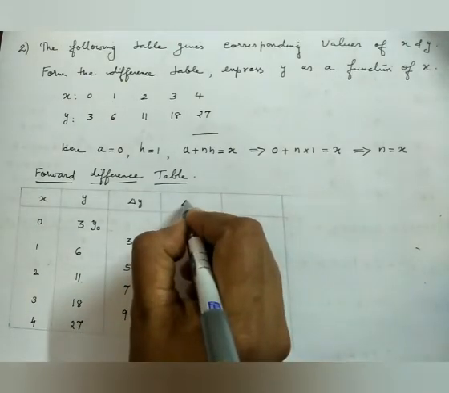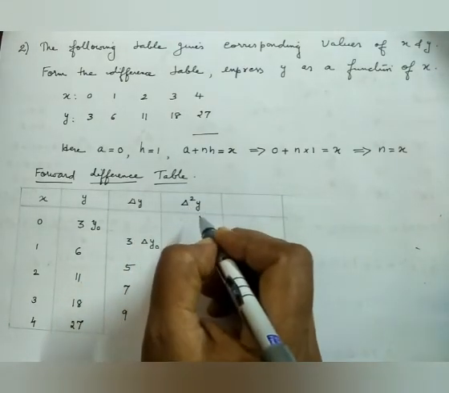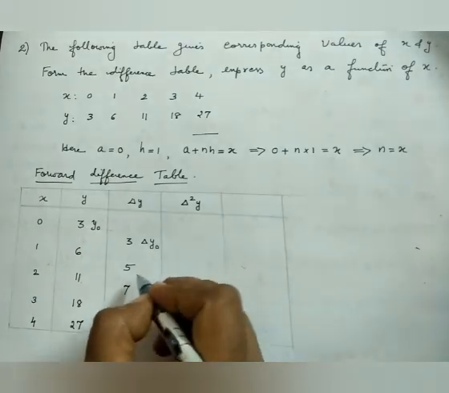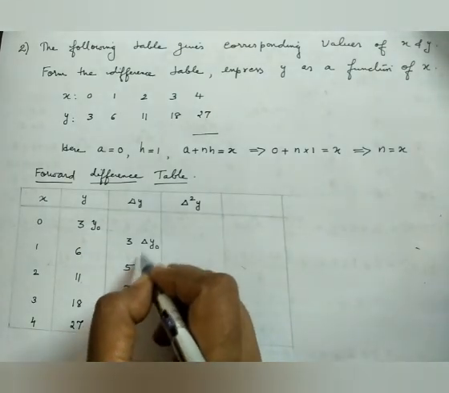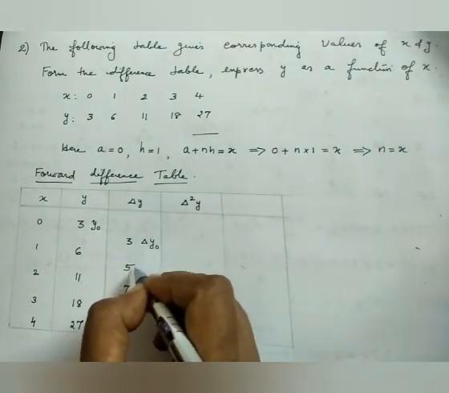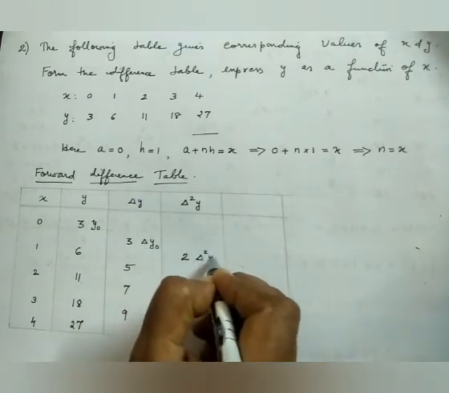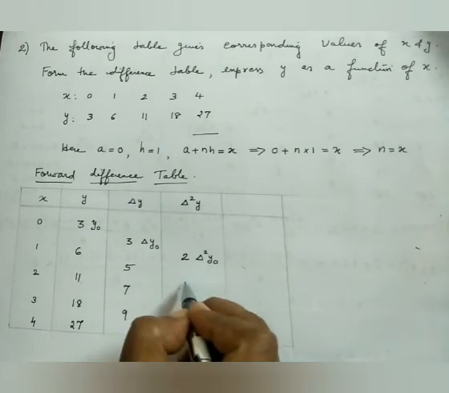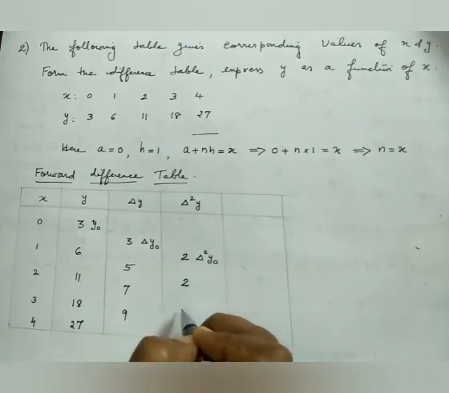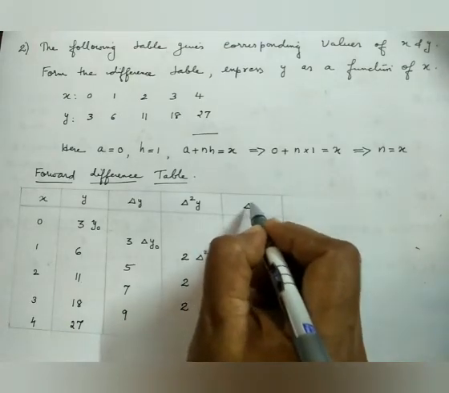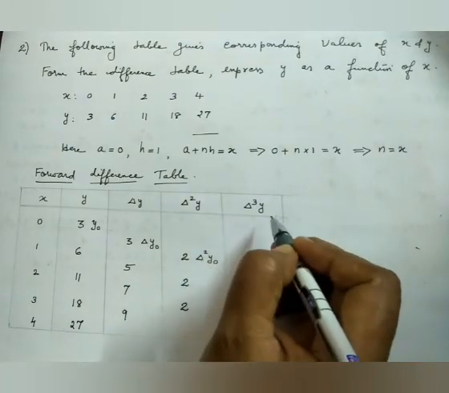Now the second forward difference denoted by delta square y. Now here we have the first forward differences, that is 5 minus 3, 2, denoted by delta square y naught. 7 minus 5, 2. 9 minus 7, 2. Therefore, onwards, this is the third forward difference.